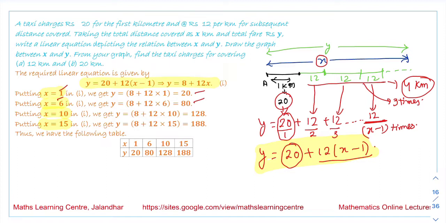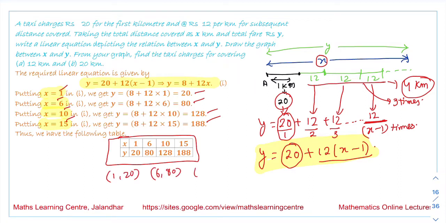For x is equal to 6, y is equal to 80. For x is equal to 10, it is 128. For 15, it is 188. So this is the table we have drawn. The points are (1, 20), (6, 80), (10, 128), and (15, 188). We have to plot the graph.